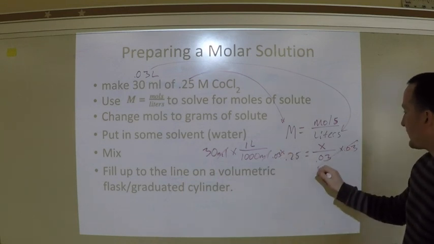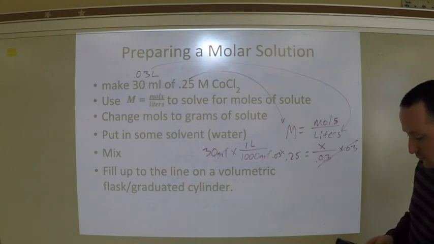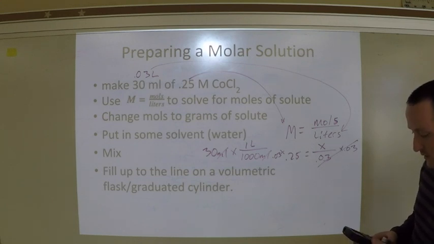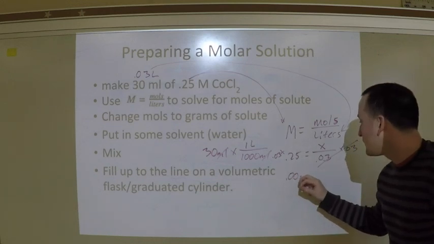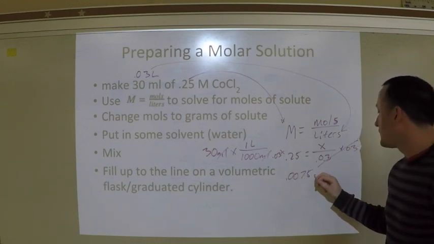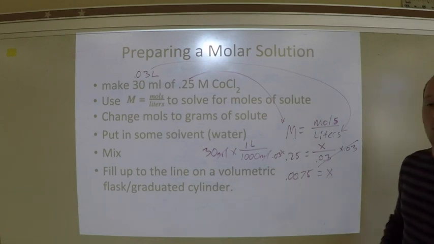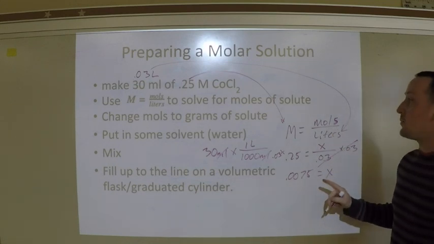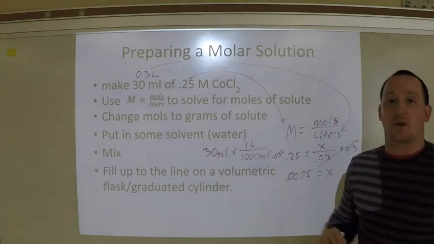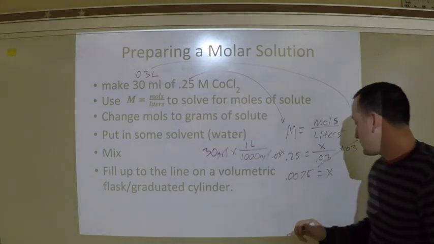So these are going to cancel out over here. 0.03 times 0.25 gives me 0.0075. Now, what is that unit? Remember, that's for moles. So that's how many moles of this compound I need in my solution.